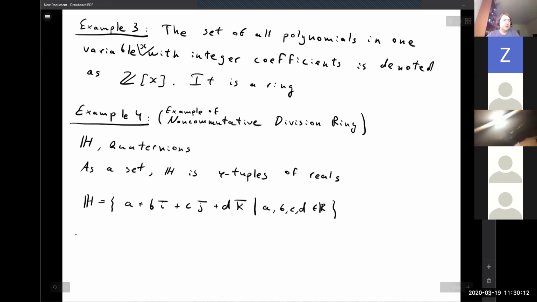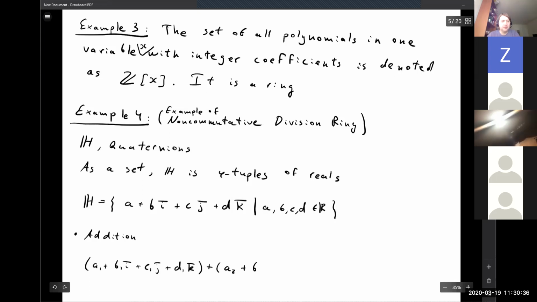Now the addition is defined as usual. You just take a1, b1 i, c1 j, d1 k, and you add them exactly as vectors in four-dimensional space.